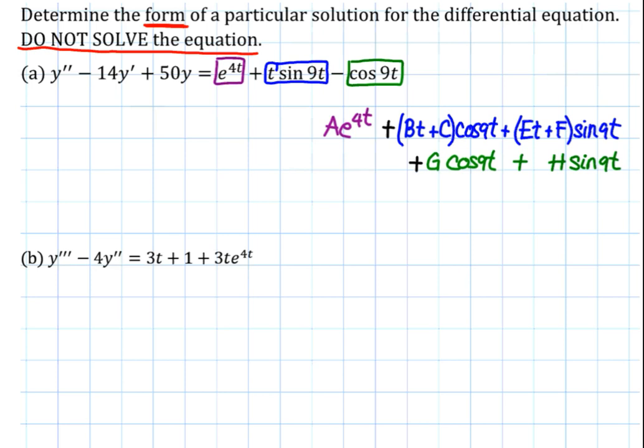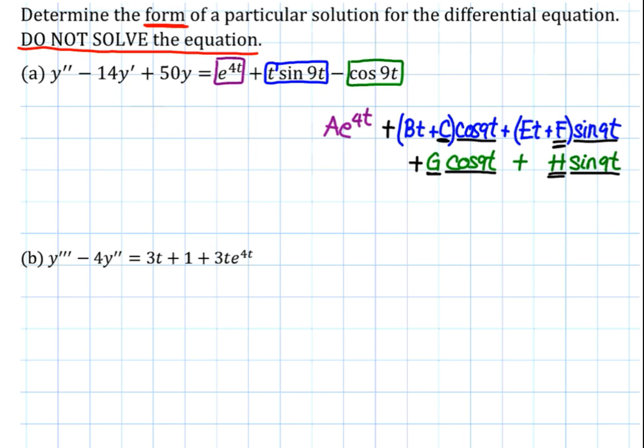Just note that since both of these have cosine of 9t, and we have a constant and a constant, a constant plus a constant is another constant. So that's pretty much like what we usually do in integrals. And this will have sine of 9t, a constant plus another constant is still a constant.